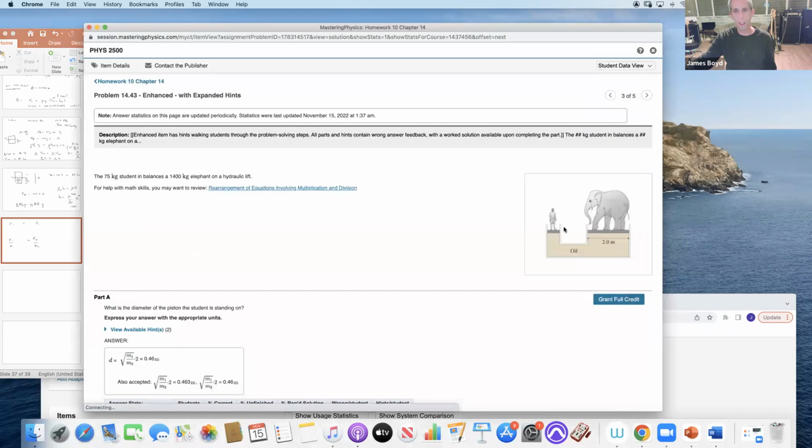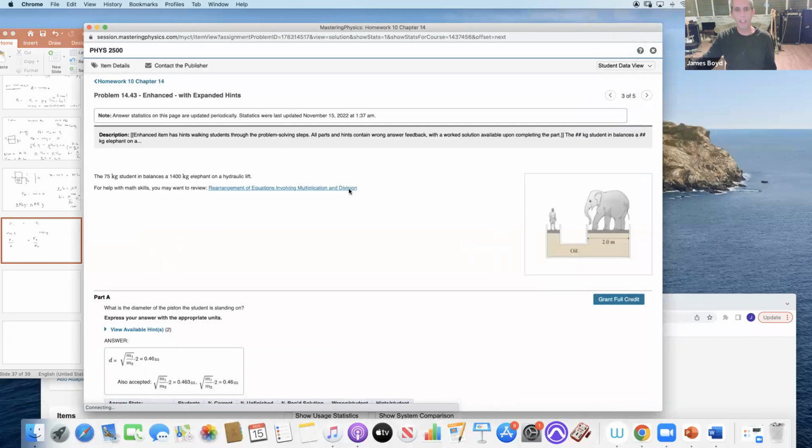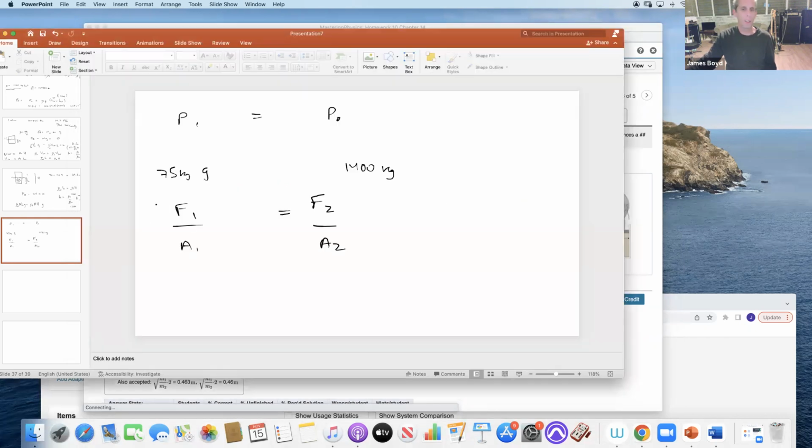So on a hydraulic lift, a 75 kilogram times G, and this is a 1,400 kilogram, and we're assuming that the piston is round, therefore the area is pi r squared or pi over 4 d squared, because r is d over 2.